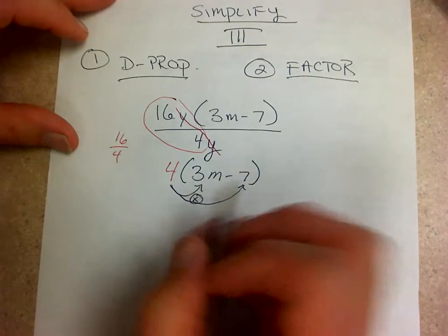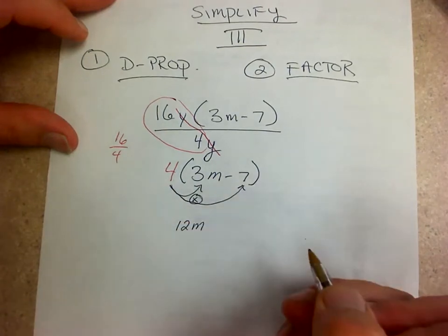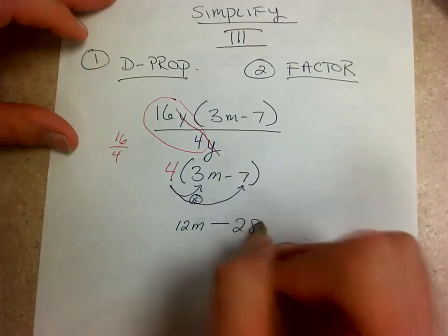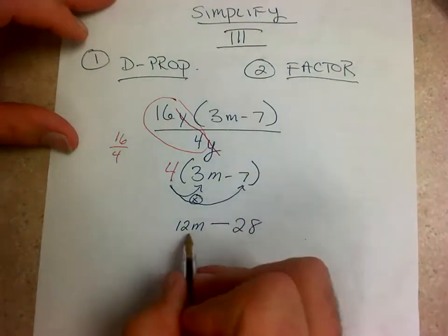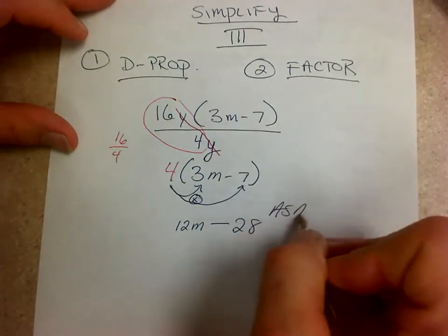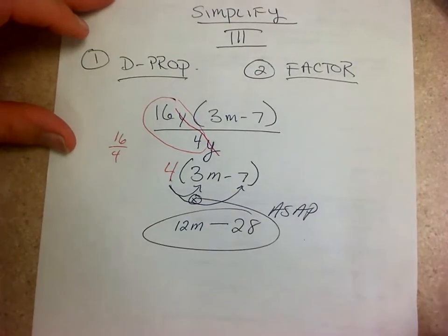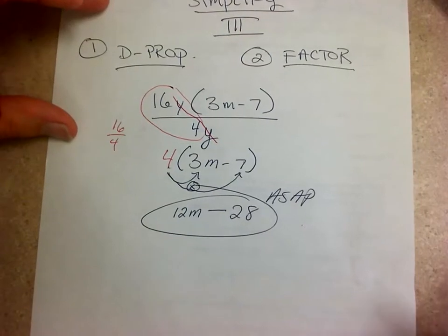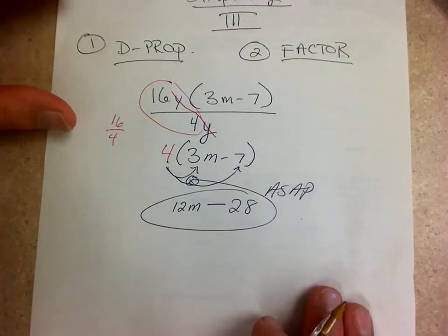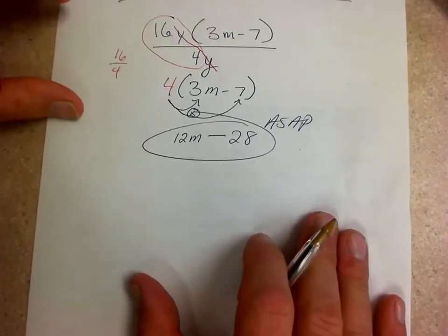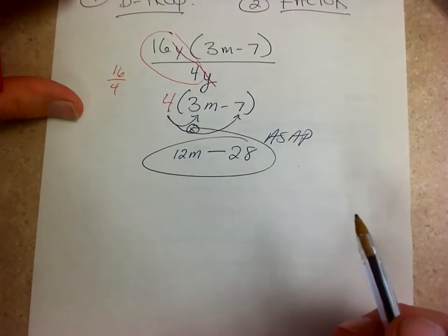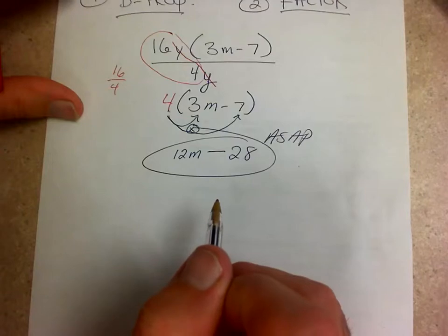So 4 times 3 leaves us with 12m, minus 4 times 7 is 28. These are not like terms, so we can't simplify any further, as simple as possible. That's all we can do with that problem. We didn't solve it, but that is as far as we can go with the information we've been given, so we would stop at that point.